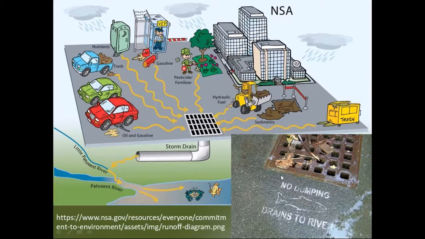Next time you're out taking a walk, take a look at the storm drain covers. You'll see either stamped on them or printed near them, often a sign that says don't dump anything in here. It goes right to the river, and of course, whatever goes in there is going to impact the critters living in that water.